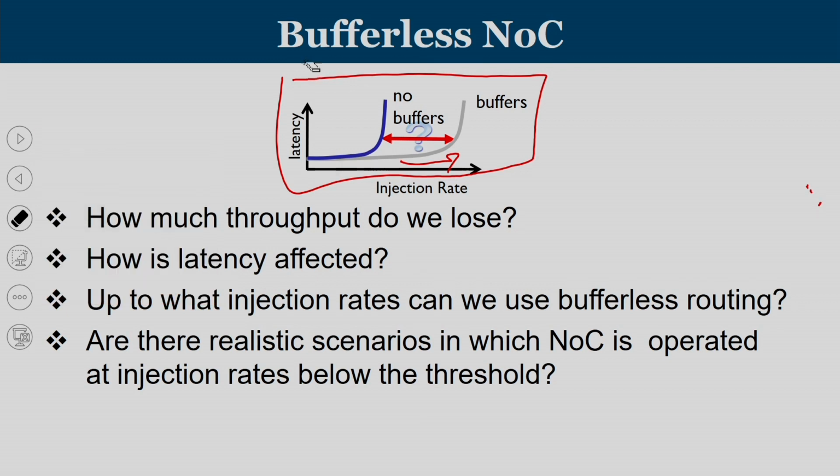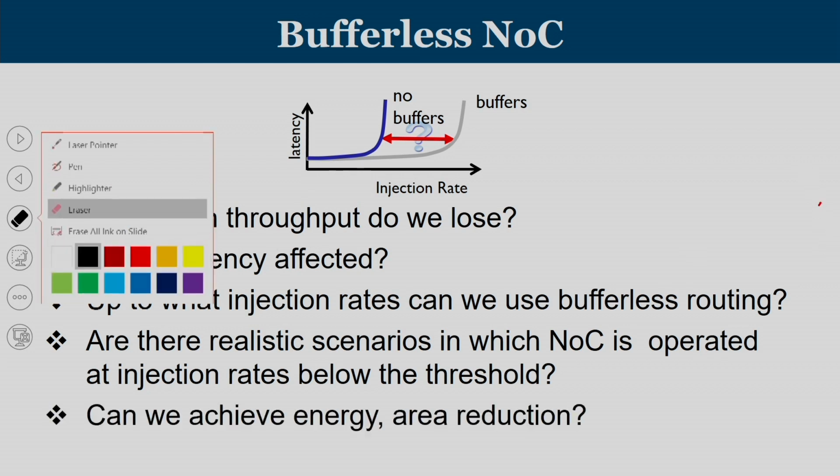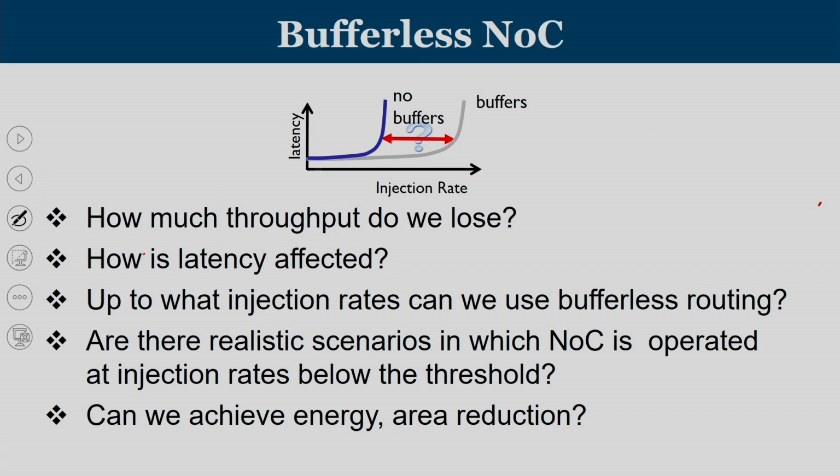Now, we will try to understand how much throughput we will lose if you are going for a buffered design versus a bufferless design. How much throughput we will lose if you are shifting to bufferless? How much is the latency affected? Is there a drastic decrease in the latency, or up to what injection rates can we use bufferless routing?